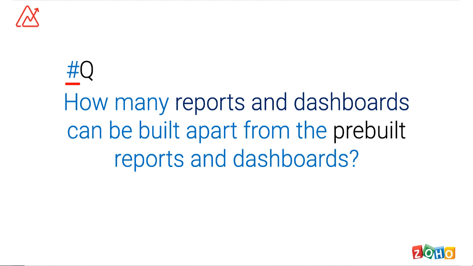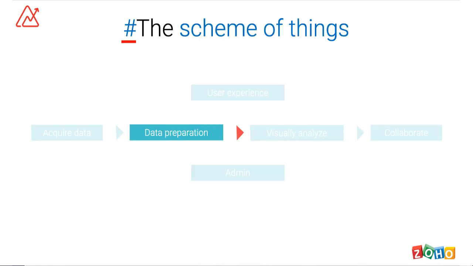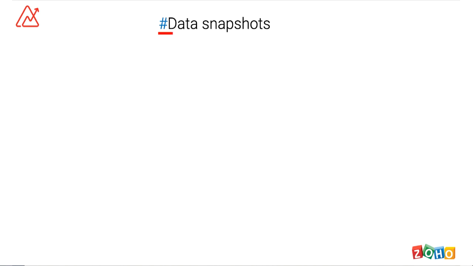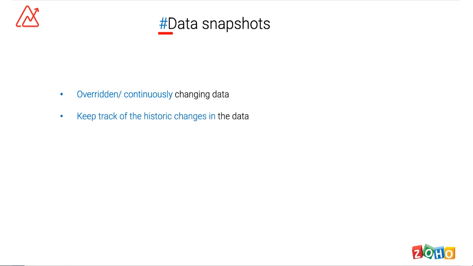Okay, so that brings us to the end of the first section, and we now move on to the second section, data preparation. We're going to talk about a powerful new feature that we introduced in Zoho Analytics. Most of us here work with data sets that keep continuously changing, or data sets where data keeps overriding one on top of the other. In such cases, there is a dire necessity to track the historic changes in that data.